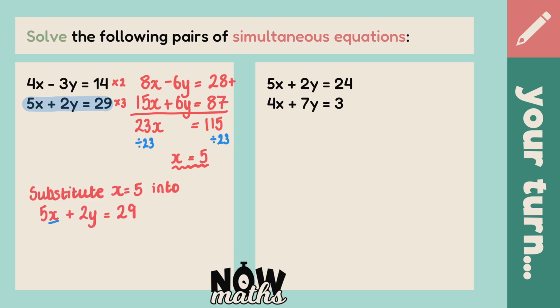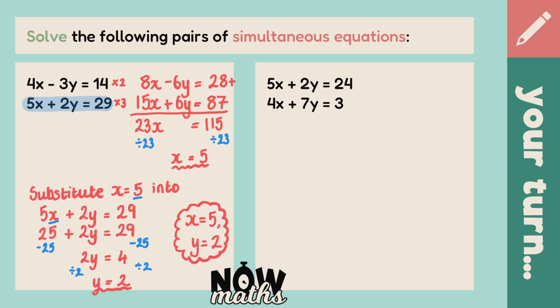So replacing x with 5, 5x becomes 5 multiplied by 5, which is 25, and we have add 2y equals 29, and then solving we subtract 25 from each side to give us 2y equals 4, and then dividing by 2 we have a y solution of y equals 2. So our final answer is x equals 5 and y equals 2.